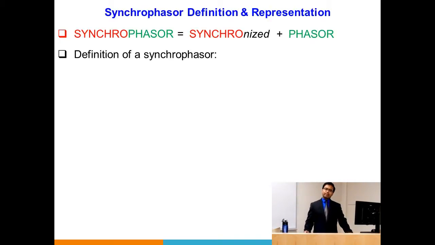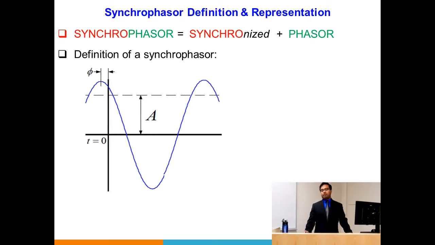Now let's look a bit more into the details of the definition of Synchrophasor. If we have a sinusoidal waveform, we will have A, which represents the RMS value, which becomes the magnitude of the phasor. And then we have an angle, phi, which is the angular difference between the peak of the waveform and the time reference t equal to 0.